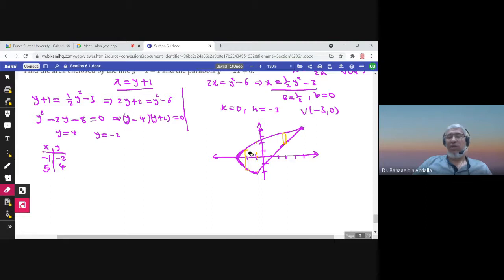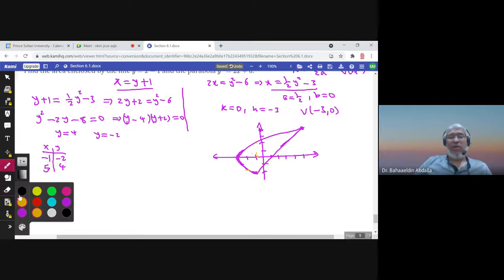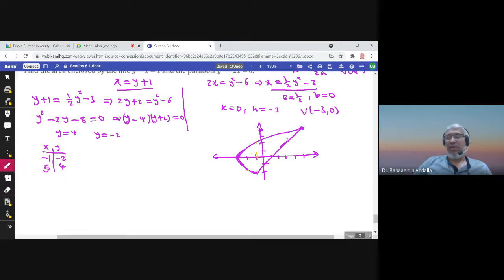But if you consider a typical horizontal rectangle like this, and you move this rectangle up and down, anywhere, this rectangle would always have the curve to the right be the straight line, and to the left, this parabola.